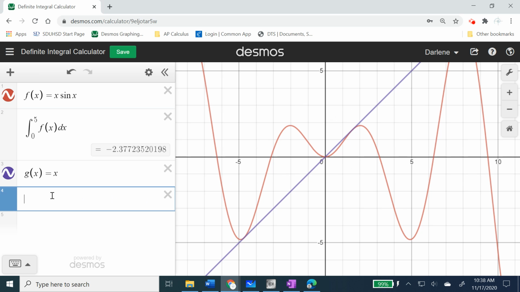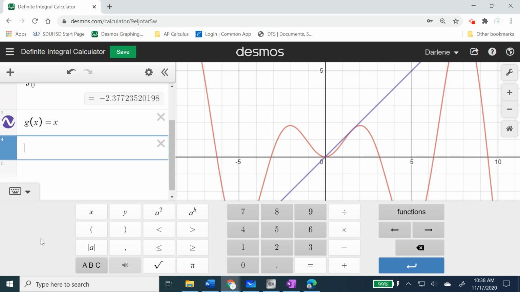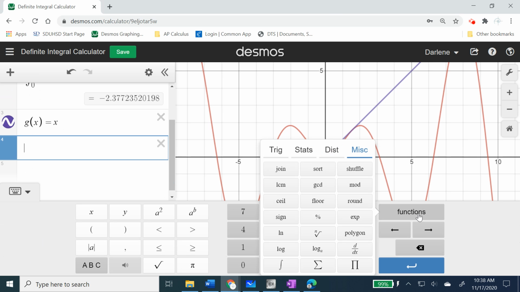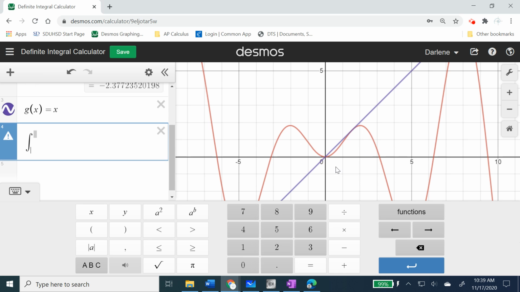For the integral, if you open the keypad up, you have under functions, miscellaneous. And right here at the bottom left corner is the integral. Now, if I want to find the area between the two graphs of these functions, the first intersection was 0. Then I can click over here.